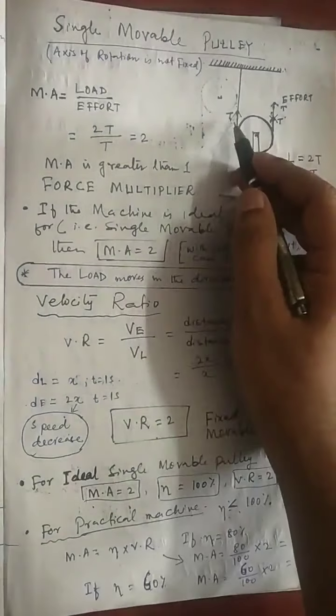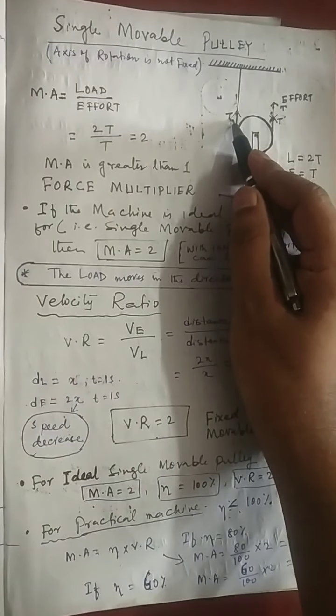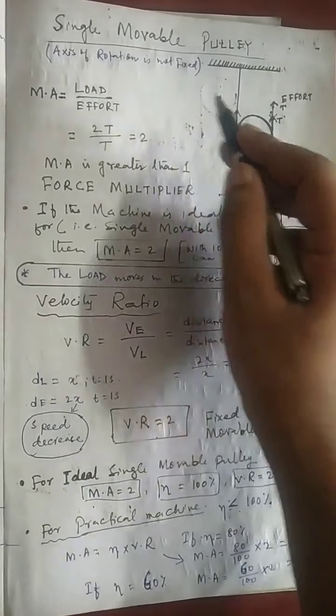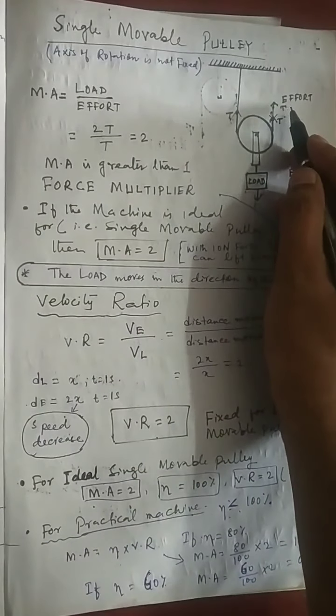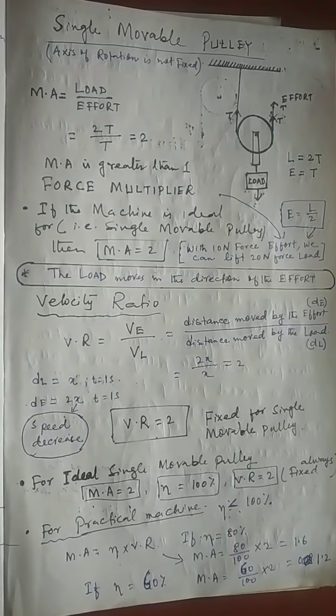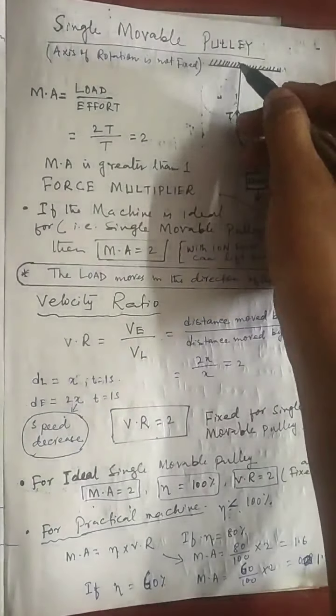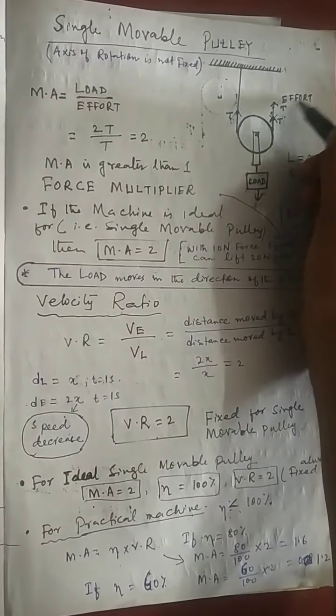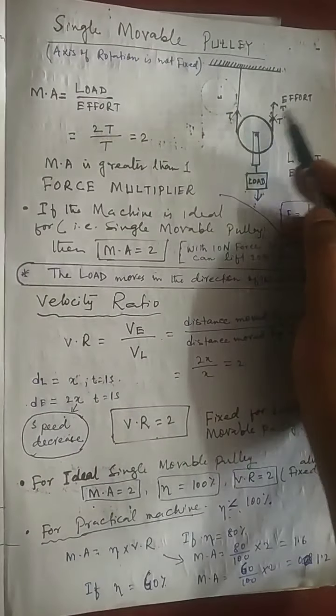I said earlier in the first video that in any rope or string or wire, when stretched, a tension force acts on it. Now here also there is a rope. If you apply a force or effort, then a tension force acts.